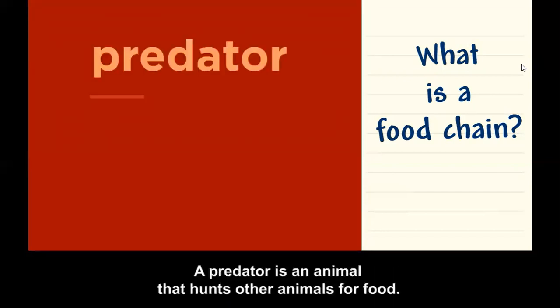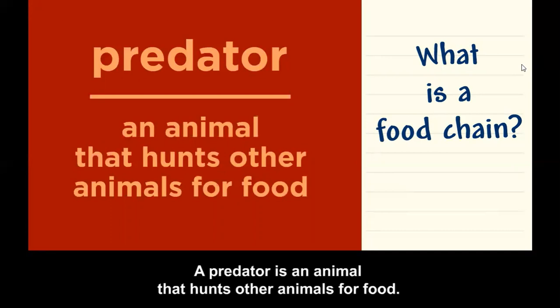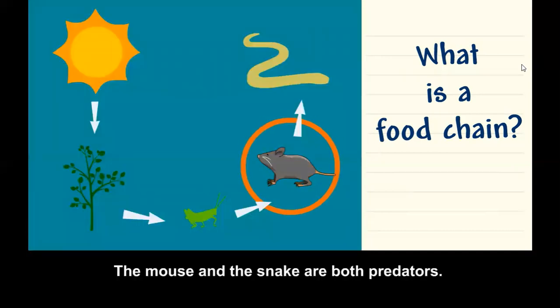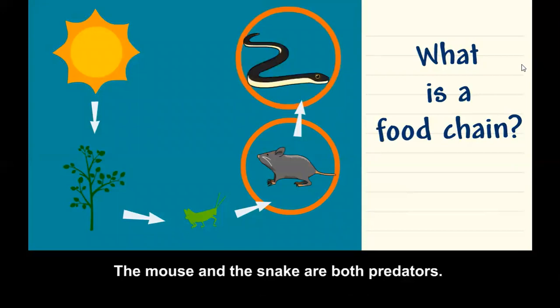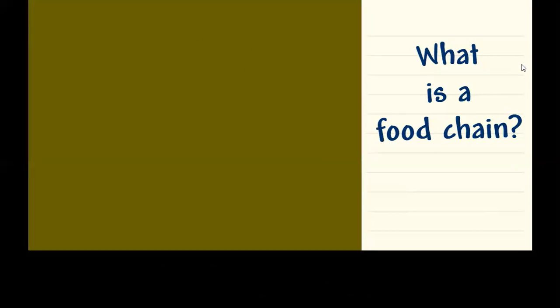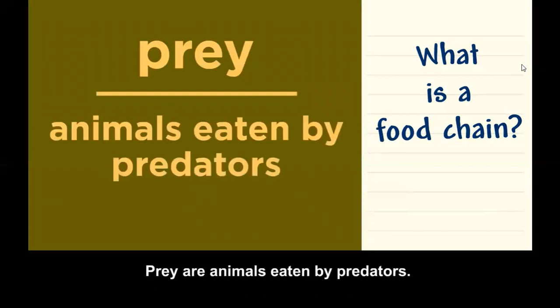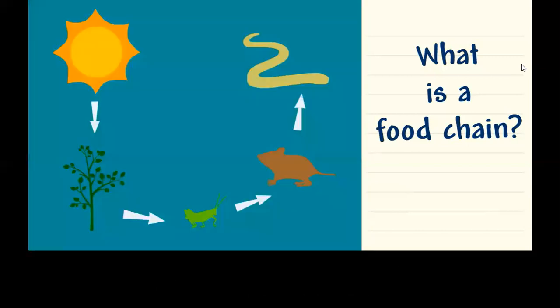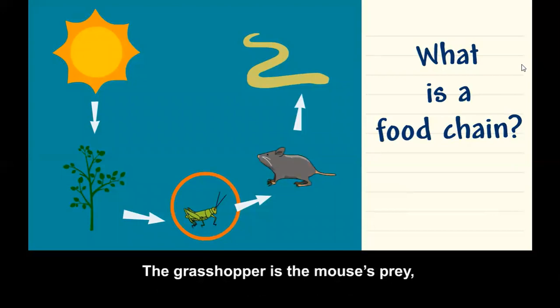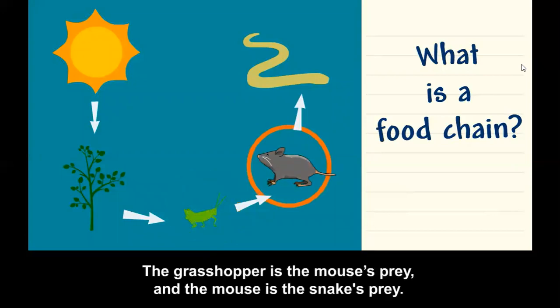A predator is an animal that hunts other animals for food. The mouse and the snake are both predators. Prey are animals eaten by predators. The grasshopper is the mouse's prey, and the mouse is the snake's prey.